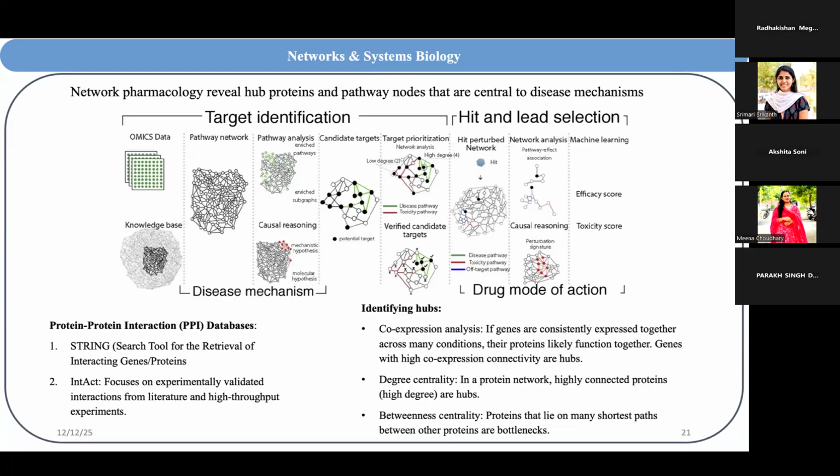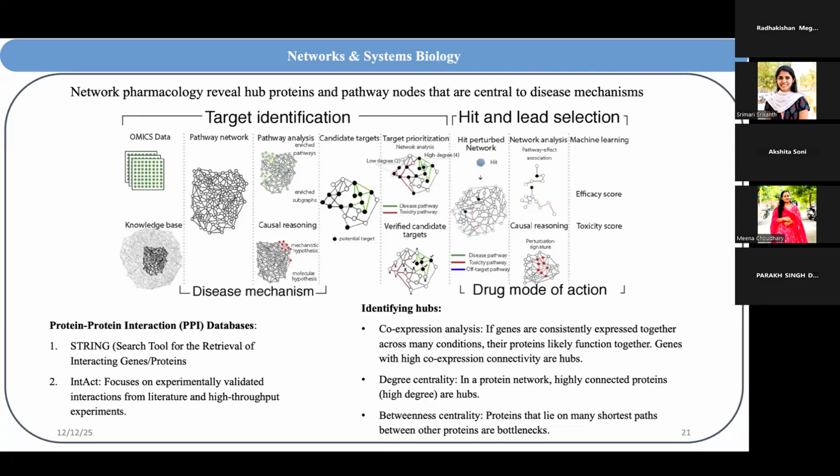Where this network pharmacology concept comes in is from traditional drug discovery, which focuses on a single target. But proteins exist as networks. A protein might interact with one protein, two proteins, or form a network.